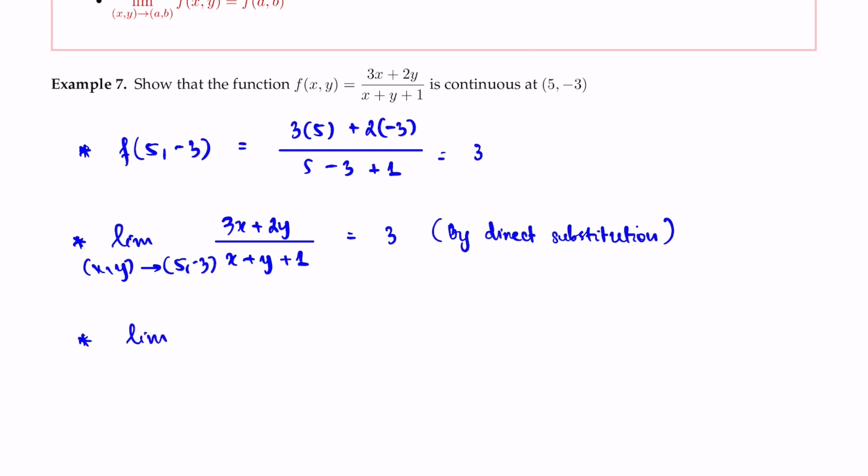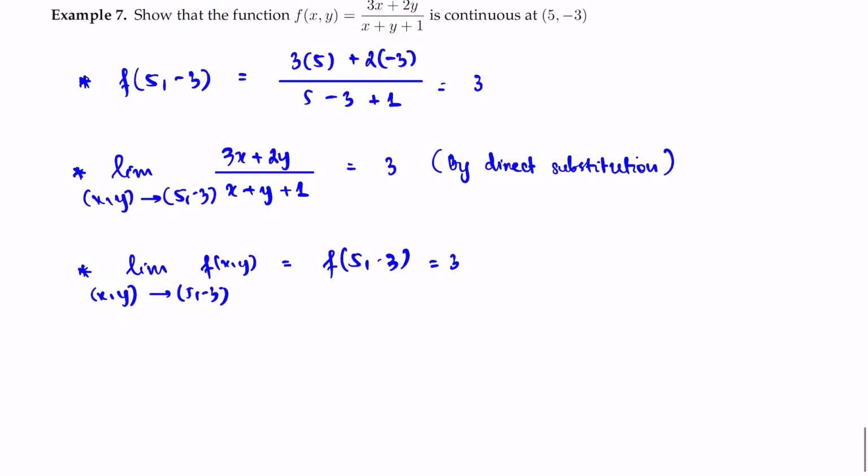That is, the limit of f of (x, y) as (x, y) approaches (5, -3) is equal to f of (5, -3), and that is equal to 3. So the three conditions are satisfied, and therefore you can conclude that the function f of (x, y) equal to (3x + 2y) over (x + y + 1) is continuous at the point (5, -3).